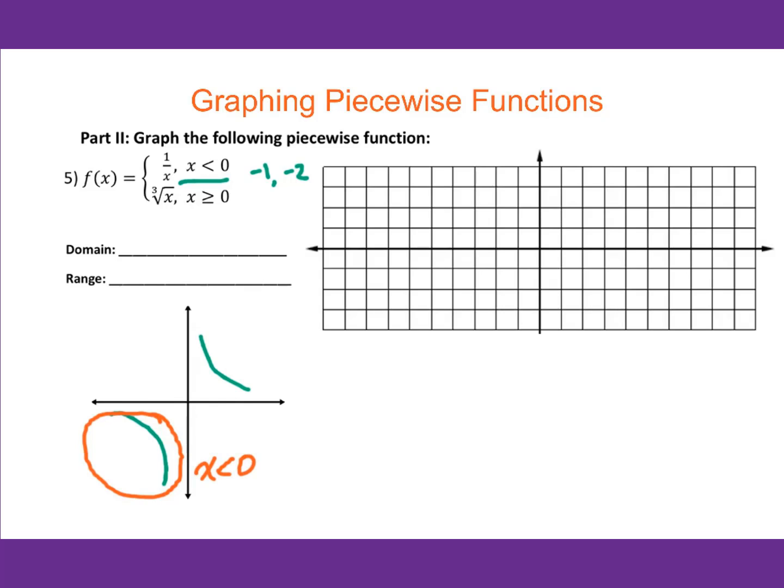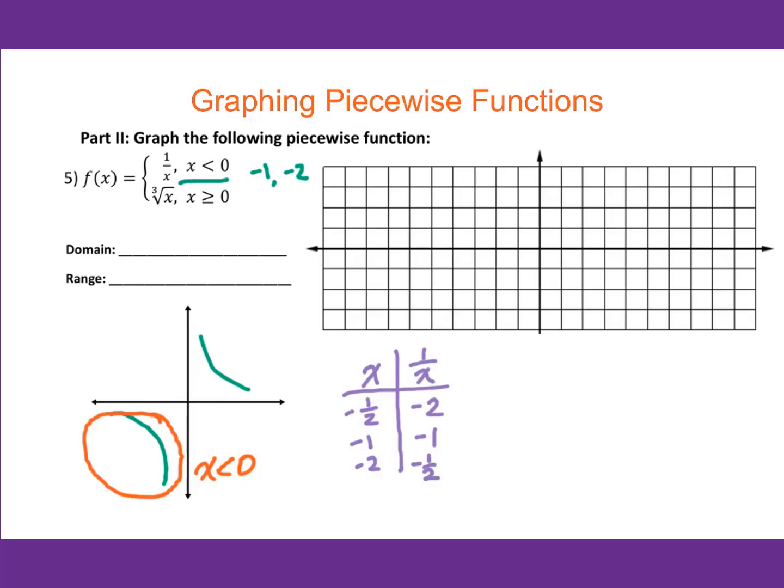For the parent function, we need to remember that this part is 1 over x. We have to use -1/2, -1 and -2. We get -2, -1 and -1/2. That's the table we set up.